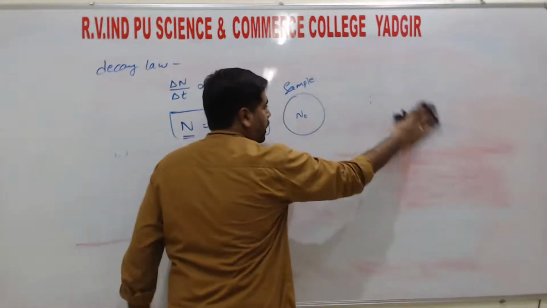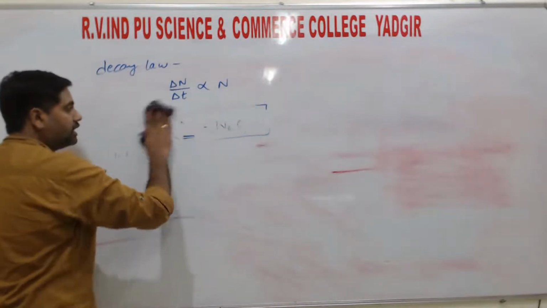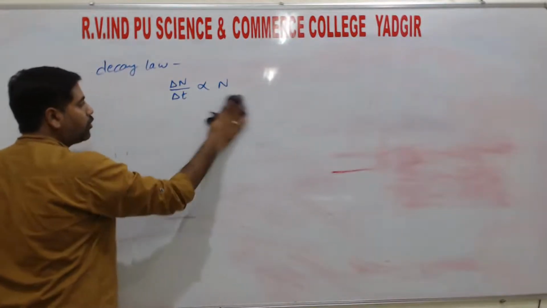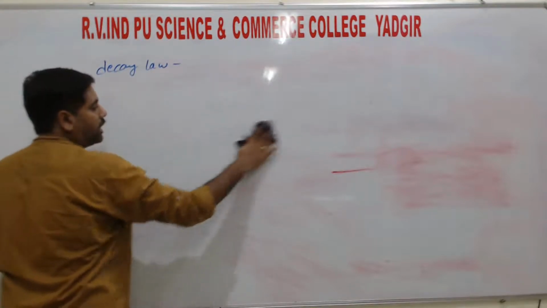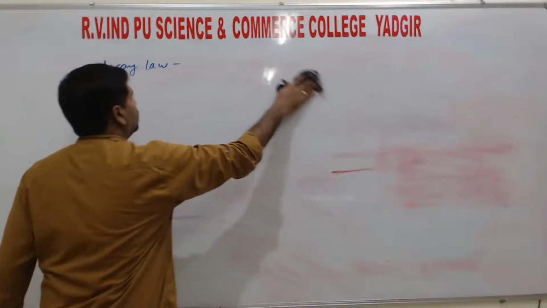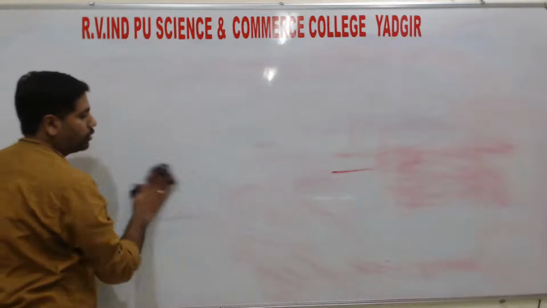For all this defining, we need the radioactive decay law, that is, the rate of disintegration per unit time is directly proportional to the number of nuclei present initially, or dN by dt is proportional to N.